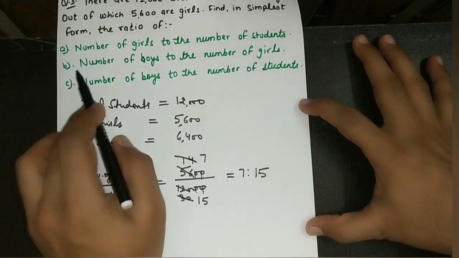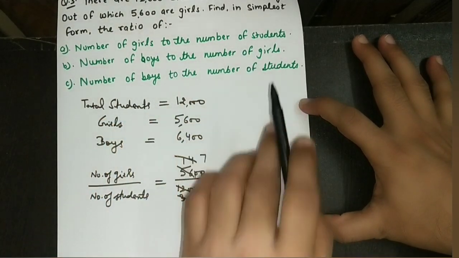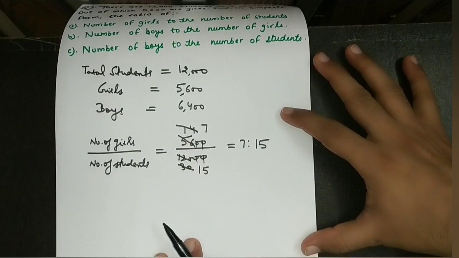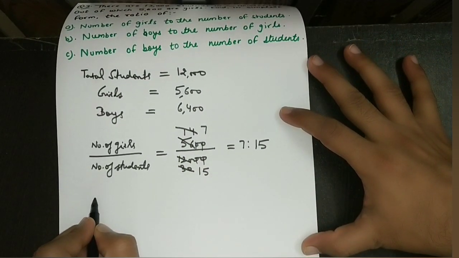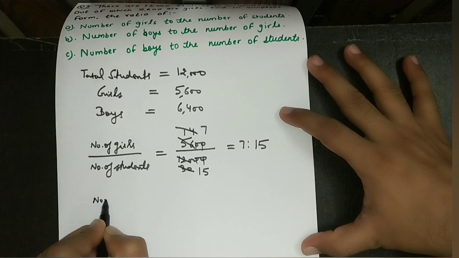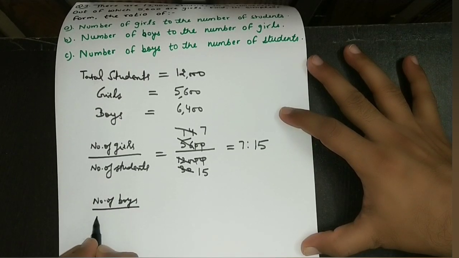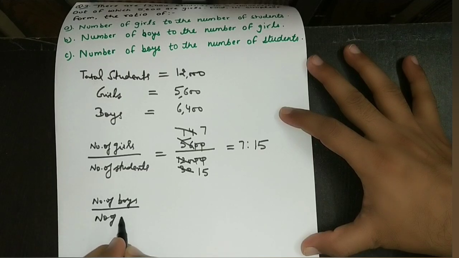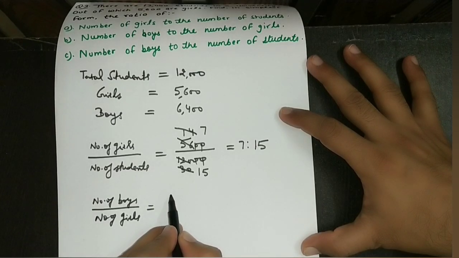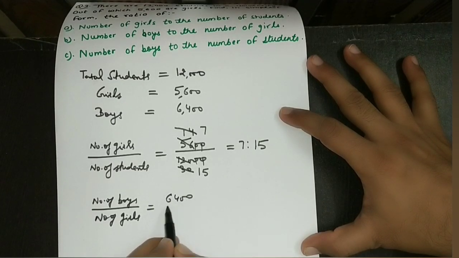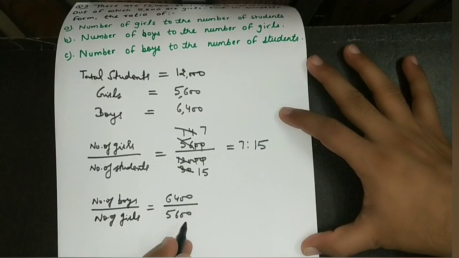Next part is the number of boys to the number of girls. The number of boys is 6,400, the number of girls is 5,600.